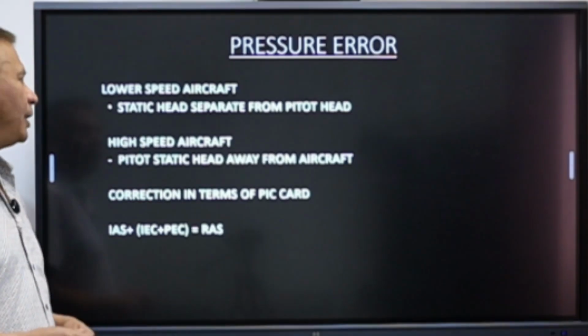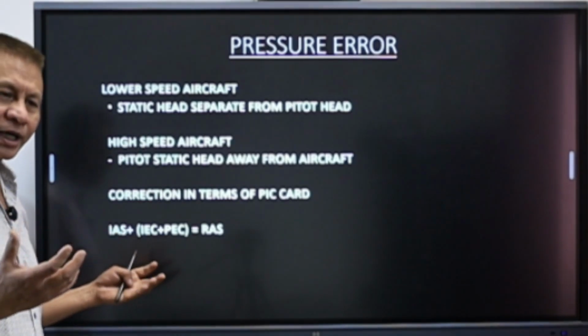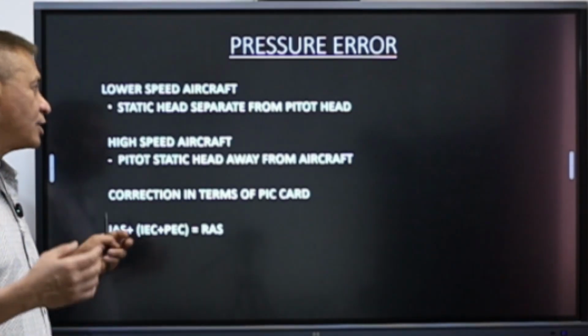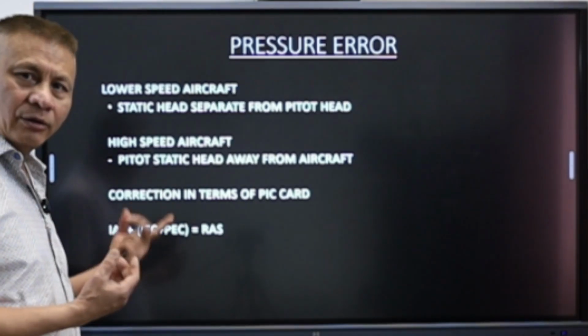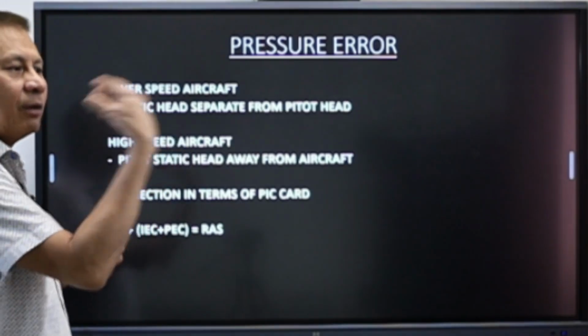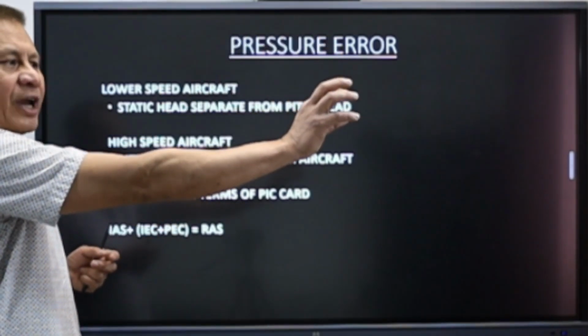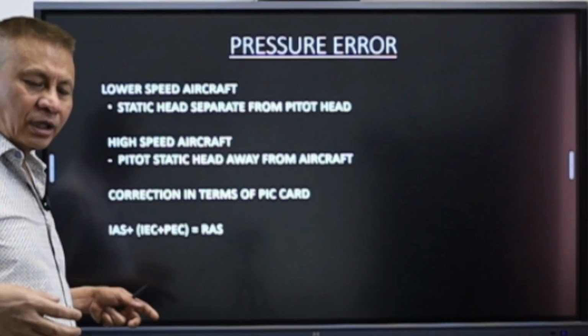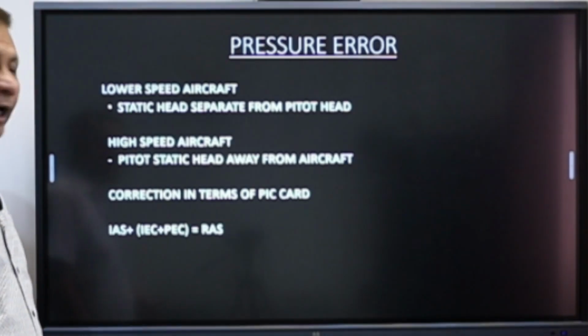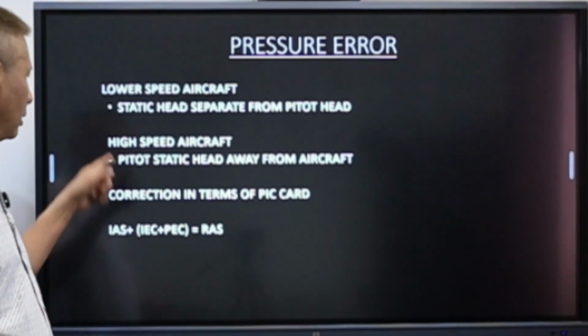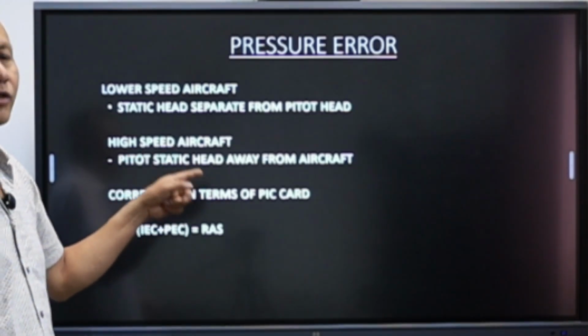In lower speed aircraft, that is, in a larger transport aircraft, the static vent is generally separated from the pitot head, like the picture we have seen. The pitot is somewhere at the front of the aircraft, and the static vents are generally on the side of the aircraft. In a very high speed aircraft, the pitot-static head is generally away from the aircraft.